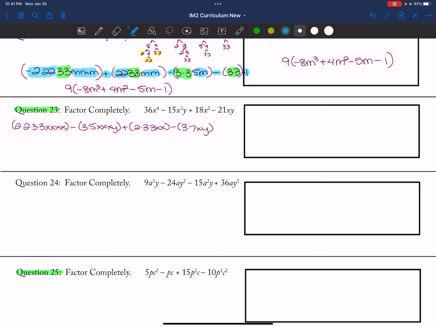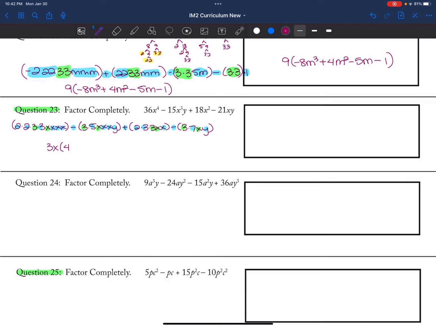Okay, so what do we have in common? Let's get to that first. Everybody's got an x. Everybody looks like they have a 3, and that's it. So I am pulling out a 3x.